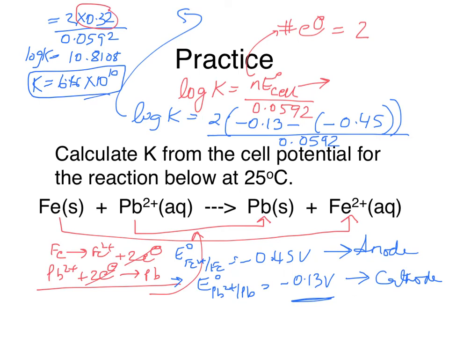That positive value indicates it's a spontaneous reaction. That indicates that the equilibrium should lie on the right hand side towards the products, and that's what we saw. So K is equal to 6.46 times 10 to the power of 10. Of course, K doesn't have units, and that is going to be your final answer.